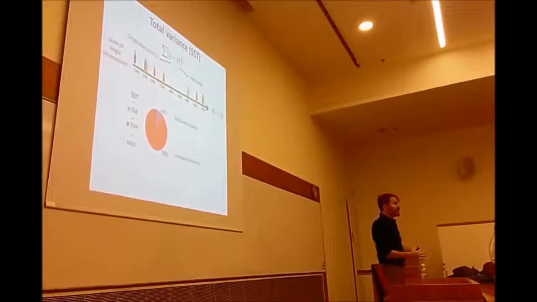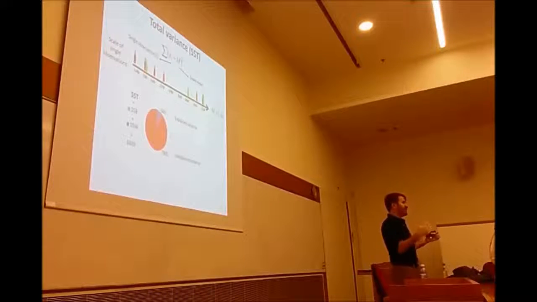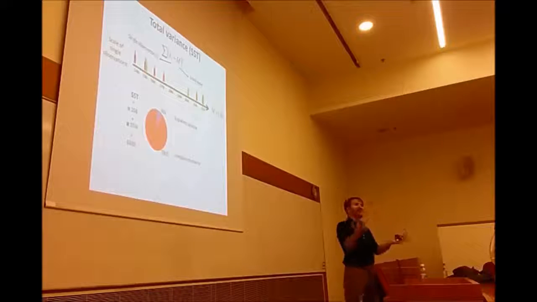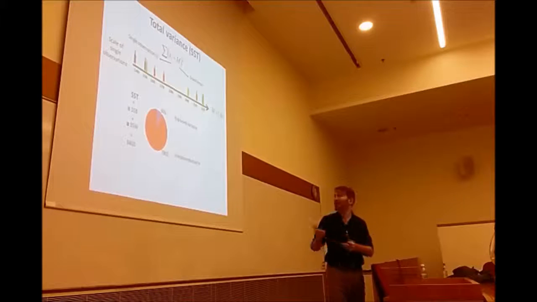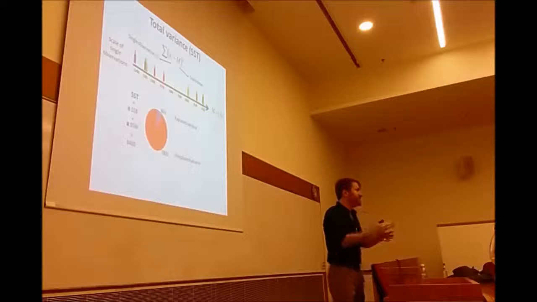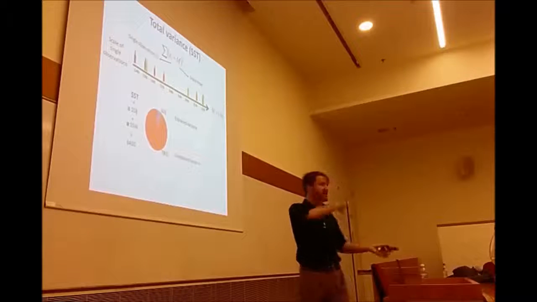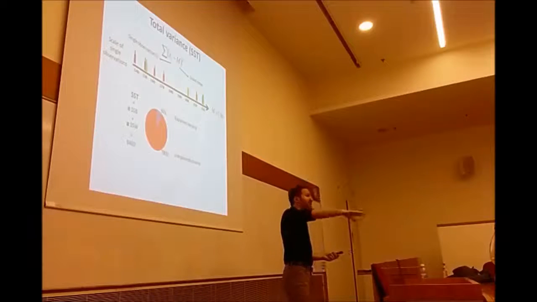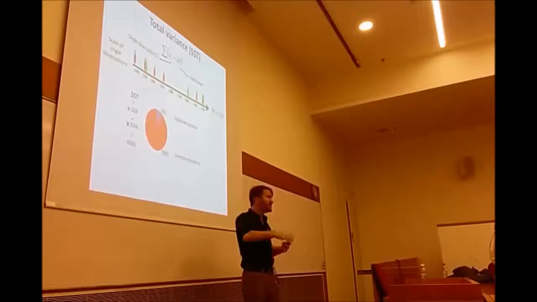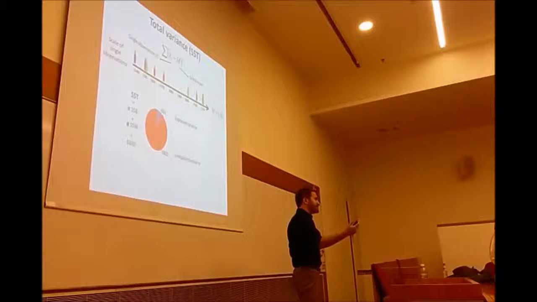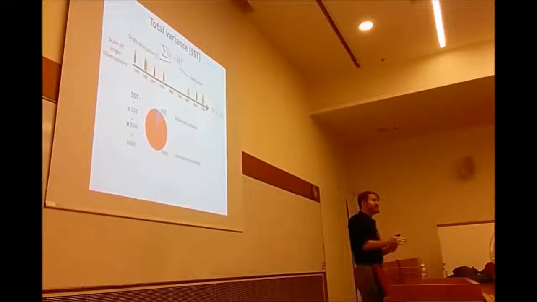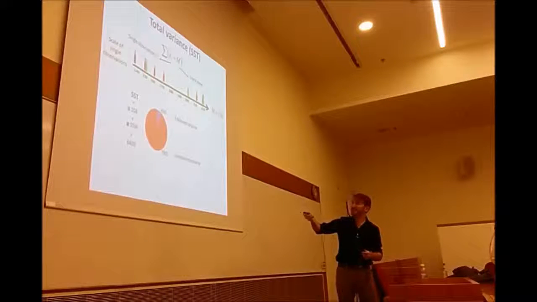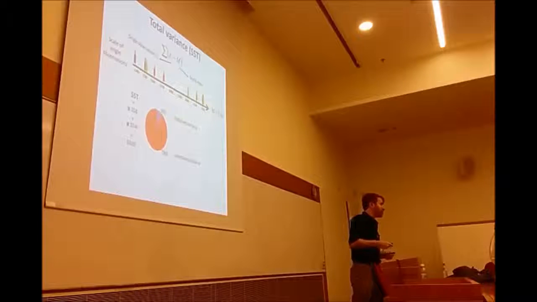So think of variance as a pie, okay? Not a pie chart, but think about it as a pie. We have this pie of variance. All the variance in my samples is represented by SST, total variance. And this pie gets cut into two parts: SSB and SSW.